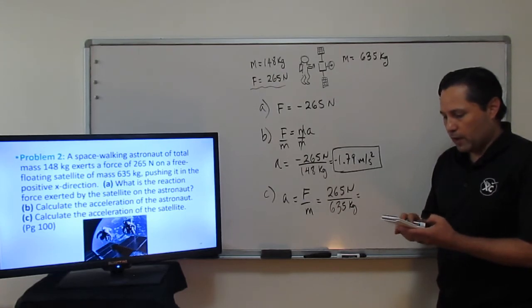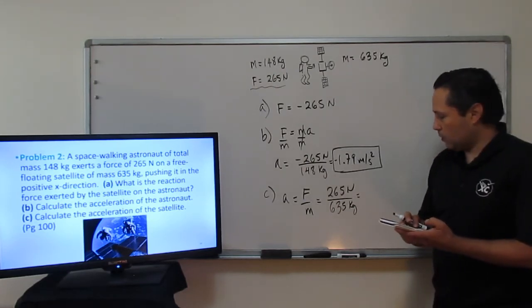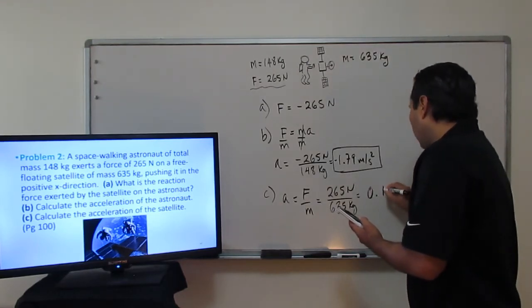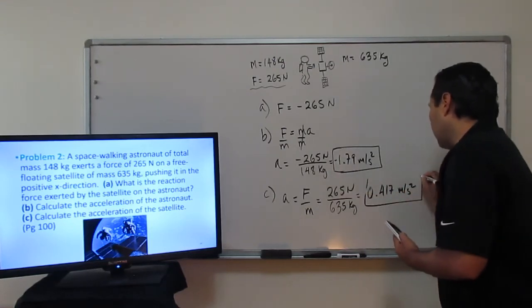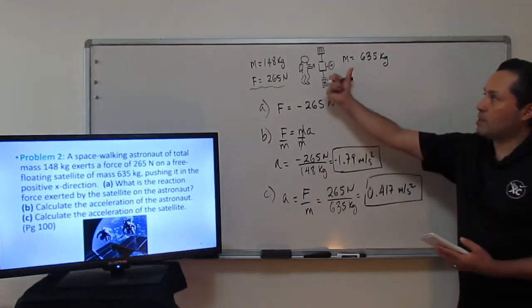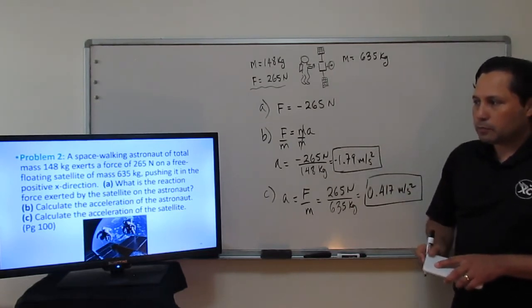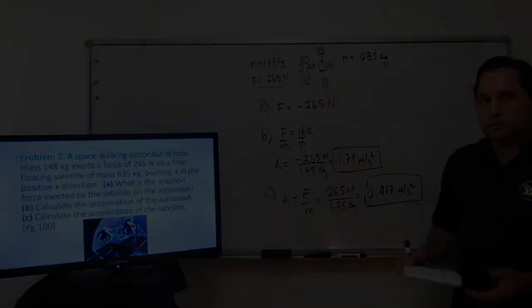So 265 divided by 635 kilograms. This is going to give us an acceleration of 0.417 meters per second squared. Much smaller acceleration, positive because the satellite's accelerating towards the right. Okay, so that goes ahead and takes care of problem number 2.